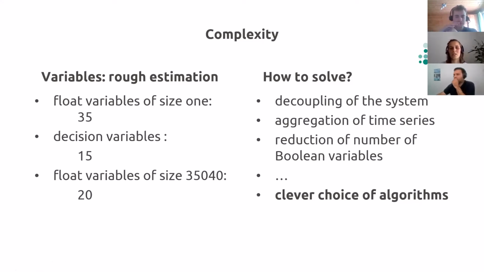We can either decouple in time, so that we do not take the whole year, but maybe day after day, or we can also decouple in terms of technologies, so that we do not optimize the system as a whole, but maybe just one system with PV and wind and an electric vehicle, and not all of it.